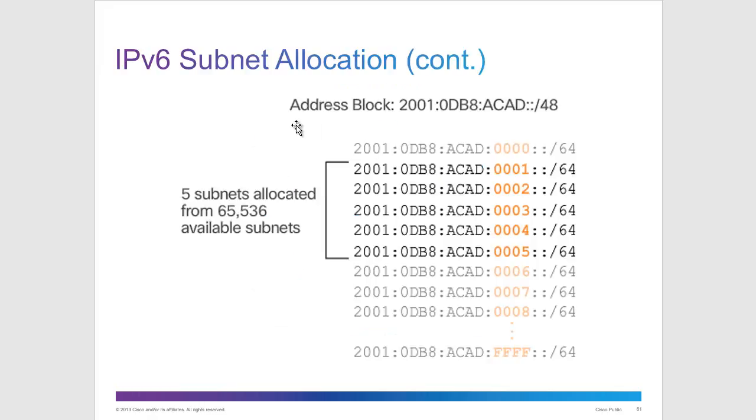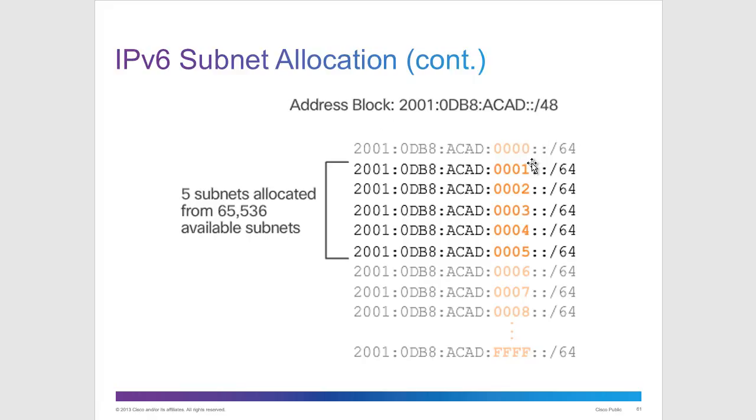Alright. So we got the address block, for instance, here. They give us an address block 2001 0db8 ACAD /48. Okay. We can go ahead and subnet out that address to just, well, 000 would be the network.